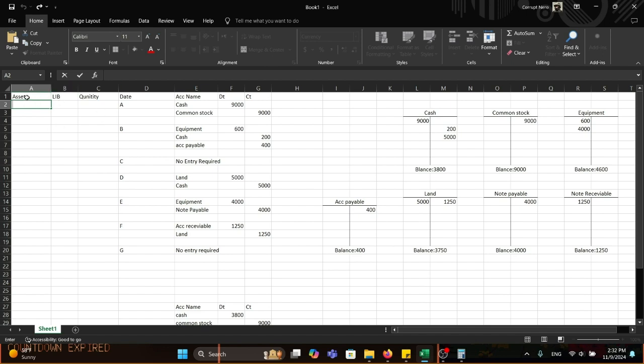So now we have assets. We have cash as assets, and we have equipment, land, and note receivable as assets. So how is it going to be? We're going to write 3,800 like this one. We have the equipment, which is 4,000.